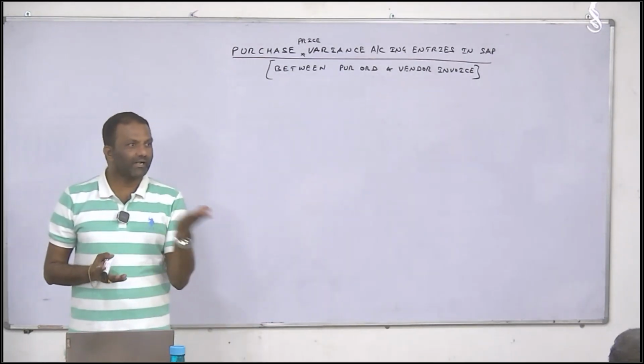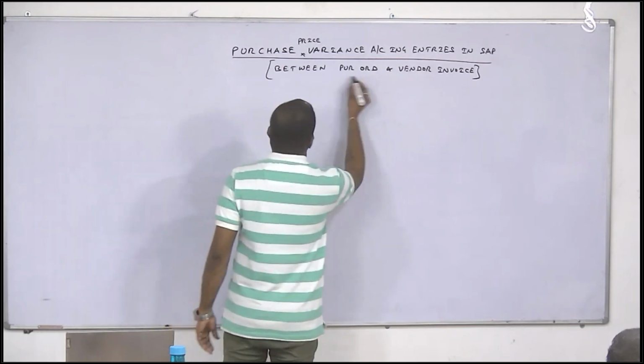Between purchase order and vendor invoice, I will divide this one into two ways.